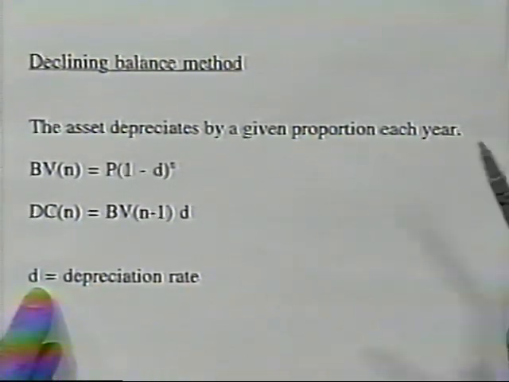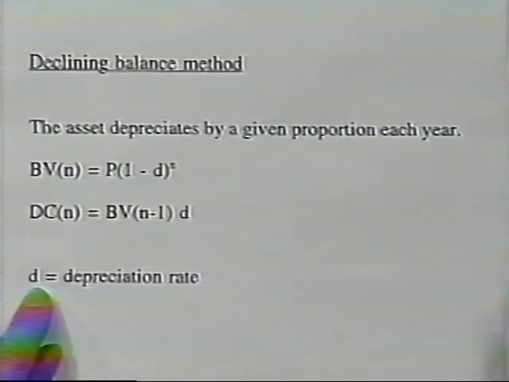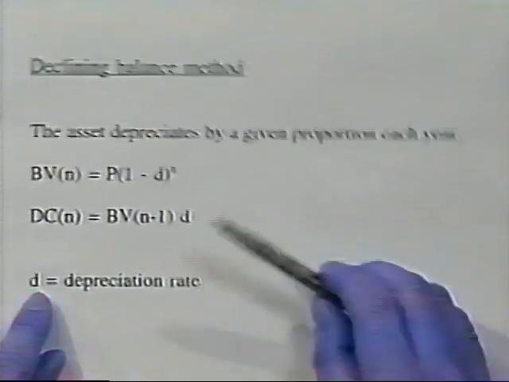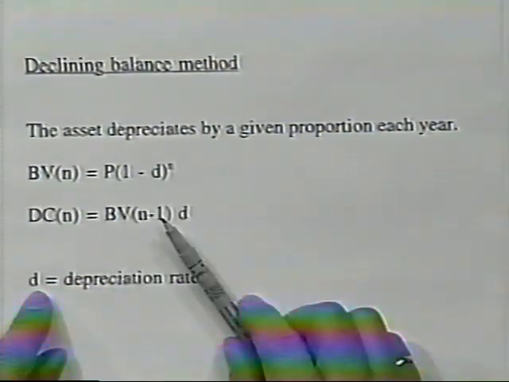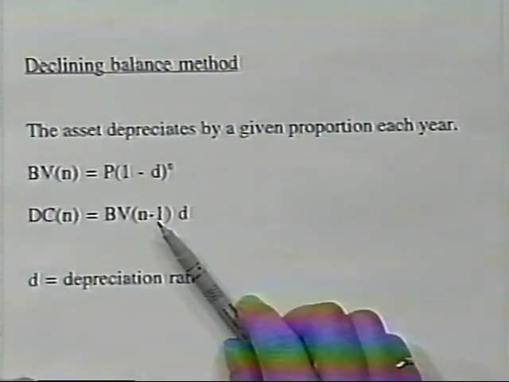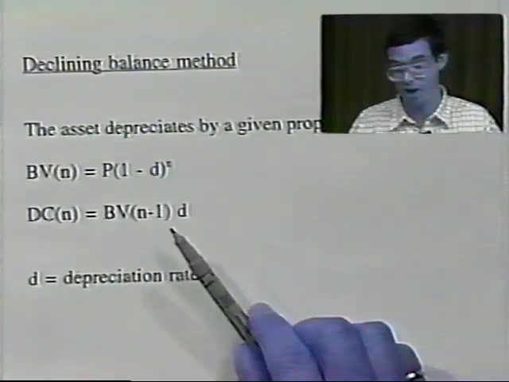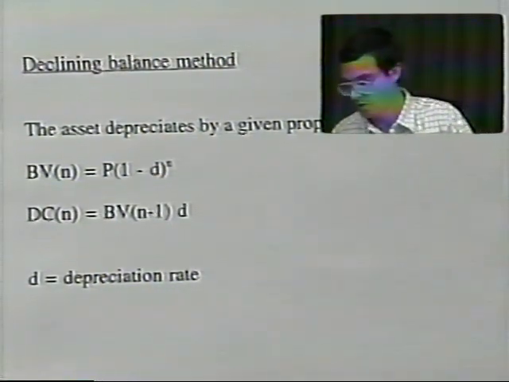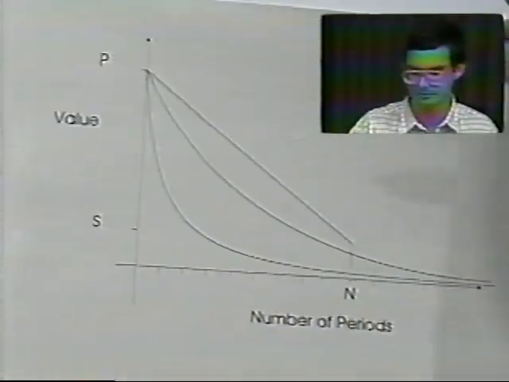A different value for the depreciation rate will change the shape of the curve that reflects the remaining value of the asset. Secondly, salvage value is not involved in the declining balance method. We don't recognize the salvage value as having an effect on how the asset depreciates. We can see that in our graph here.